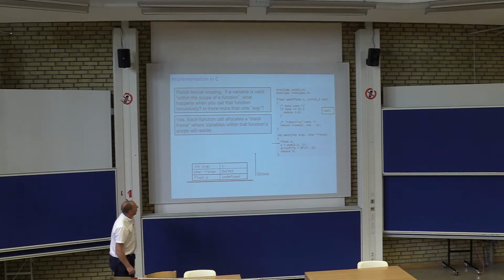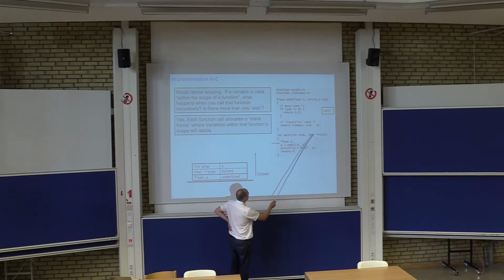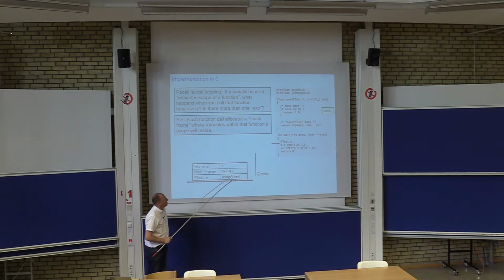So we can go through this example again. We have a main method here, and the arguments inside here are filled in basically by the operating system, and they are put on the stack here.